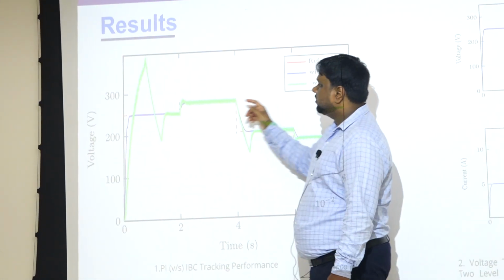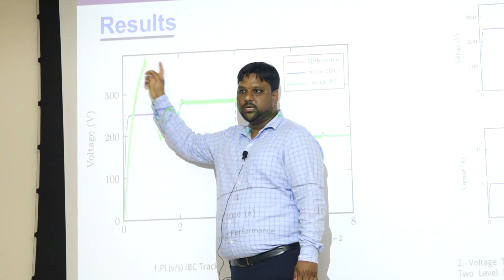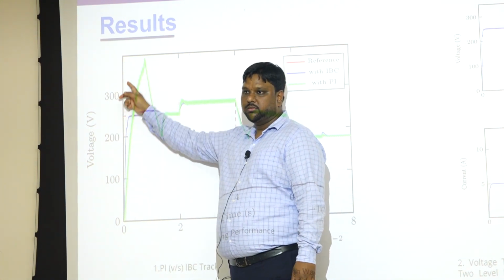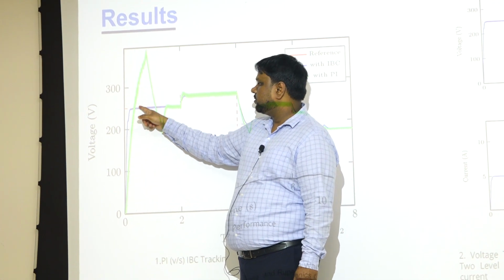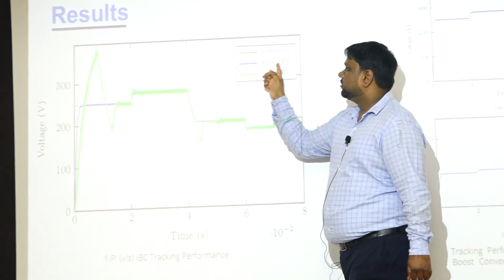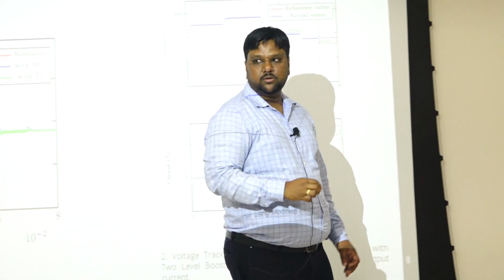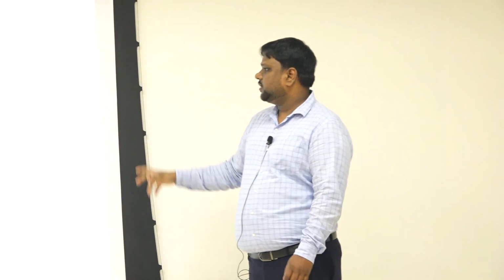If you see this overshoot which I was talking about in the PI controller, that can be got rid of, with smooth tracking, by IBC, integral backstepping control. So, that is one of the advantages of this kind of nonlinear control over the linear type control, and for electrolyzer particularly we want a nonlinear controller to have a wide range of operation.